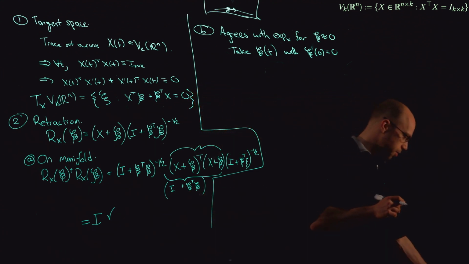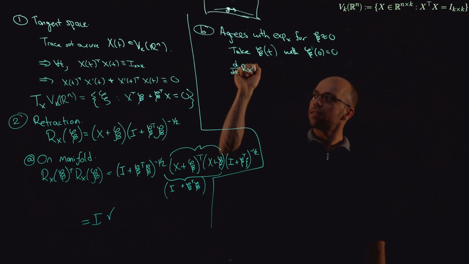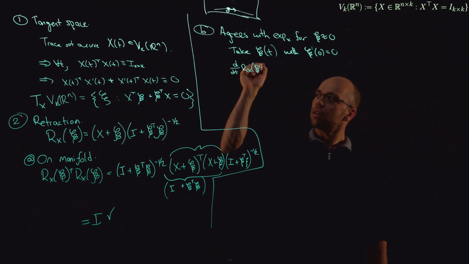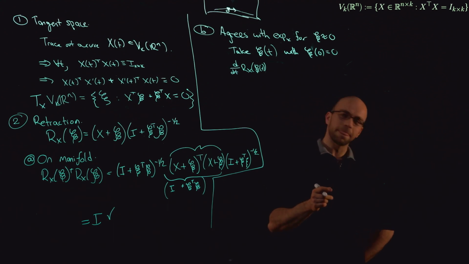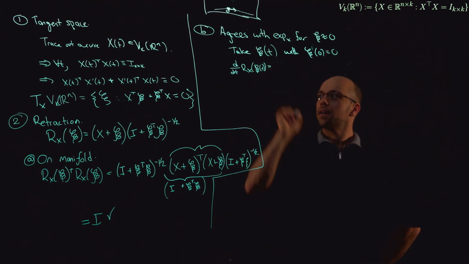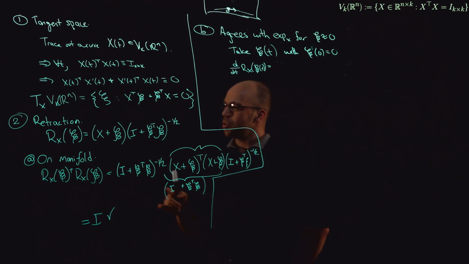Okay, so here's how we can do that. Well, now we can compute d over dt of our retraction at x of xi of t. It's going to be just a giant chain rule, as usual here. How can we do that? Well, we can use the product rule.